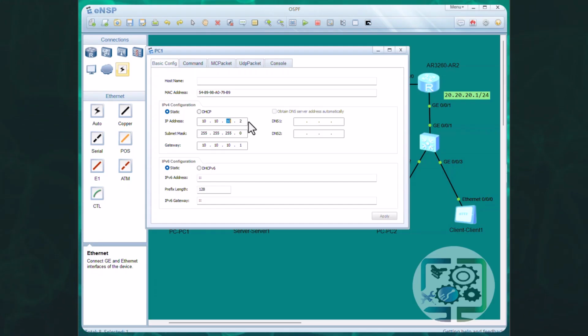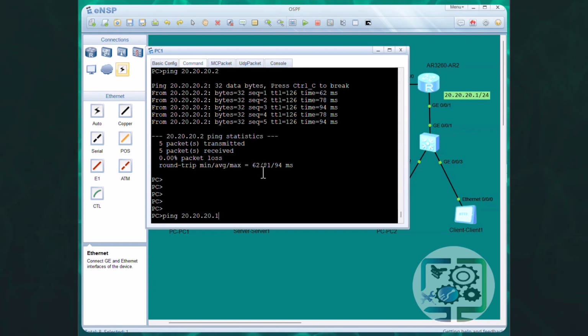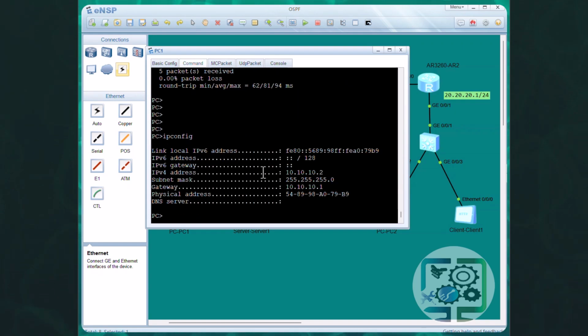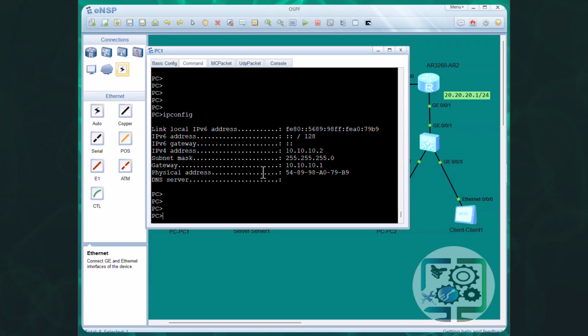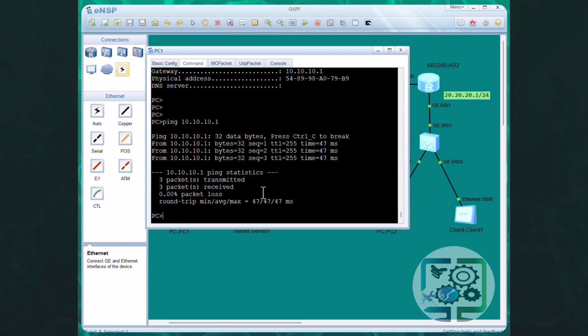As you can see, this is the IP address configuration on this side. We will ping the gateway now, which is 10.10.10.1. The gateway of this LAN is responding now.